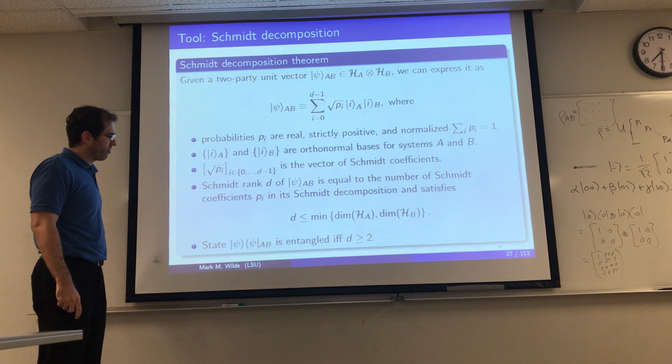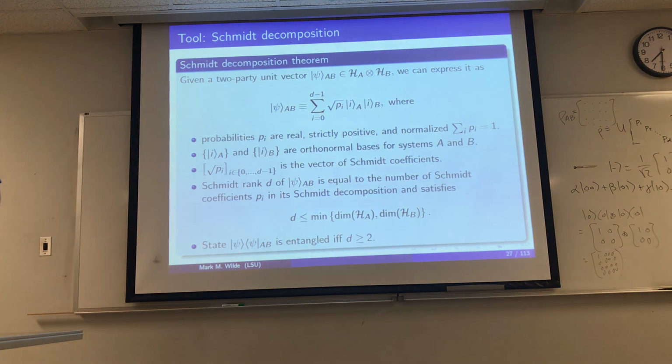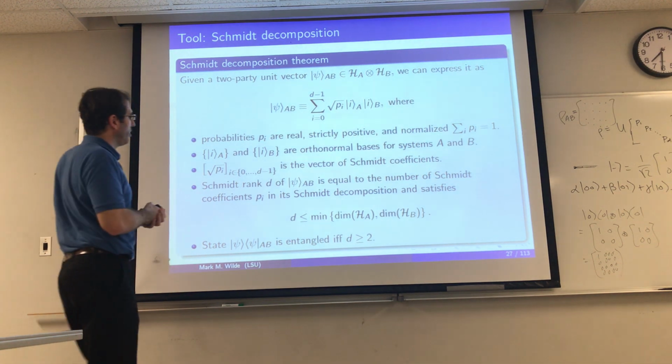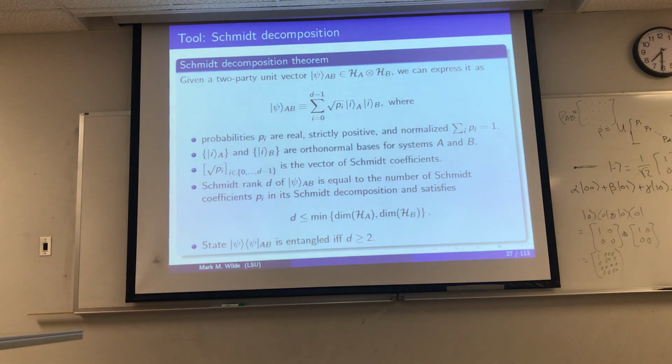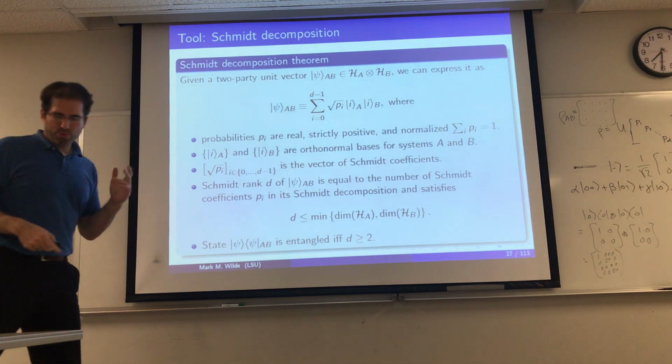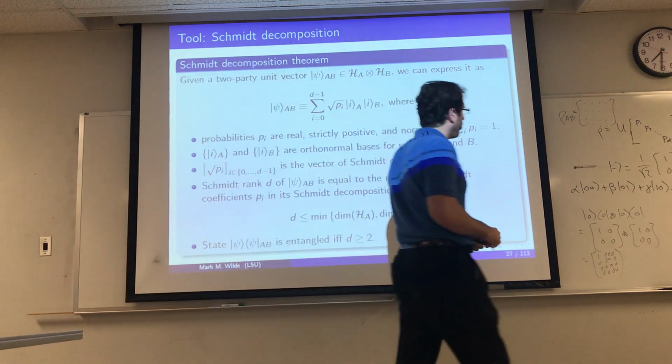Now, maybe you have to define what you mean by fast. The dimension is exponential in the number of qubits, right? Like if I have n qubits, the Hilbert space dimension is 2 to the n. Actually, we didn't really talk about that yet. But you can see it, right?